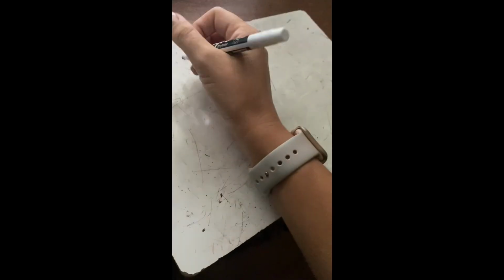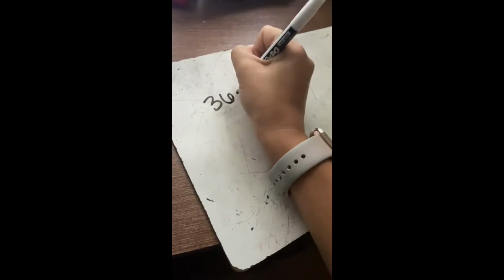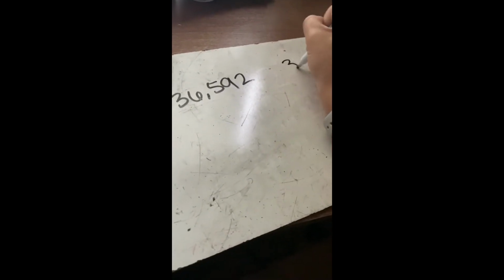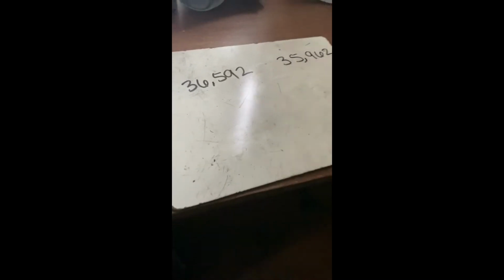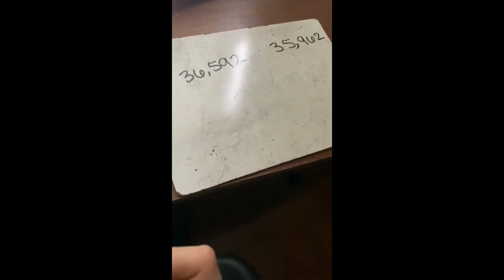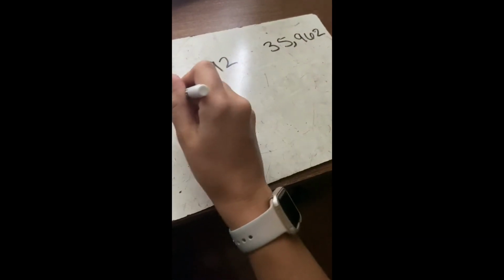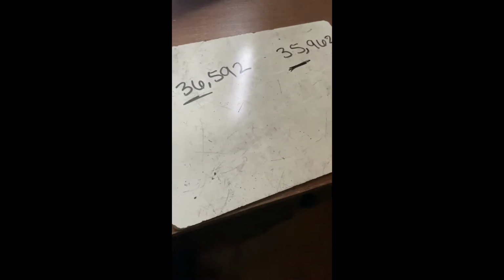Okay, so if I'm doing this, I'm going to write my numbers on my paper. 36,592 and 35,962. When I'm comparing to see which number's bigger, I start with my biggest values. This is our thousands place.